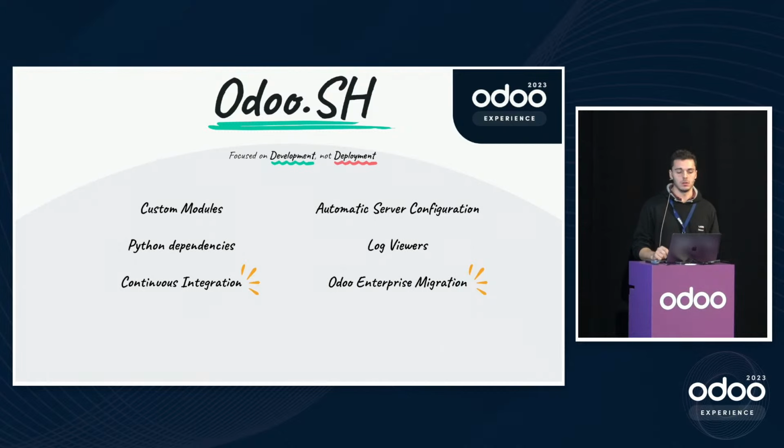Also, another exhausting task for those of you that have been using Odoo for quite a while is the migration from major versions. When you don't have custom code, it's really easy, you don't have to do much. The upgrade platform of Odoo does it automatically. But when you have custom code, it can be a more exhausting task. And Odoo.sh is trying its best to make it as easy as possible.